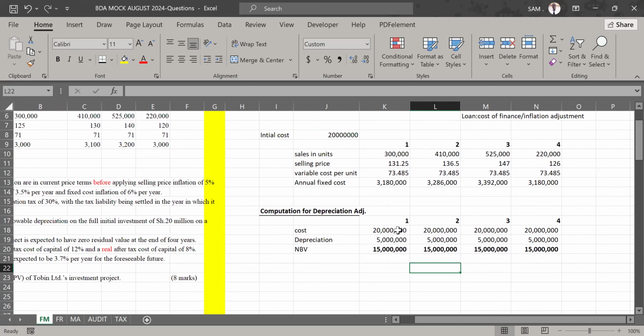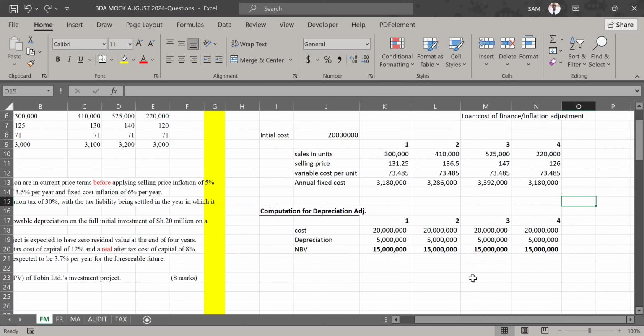Mwalimu, in which instances do we, for example, charge depreciation of 20 million in the first year, and the next year charge 15 million?